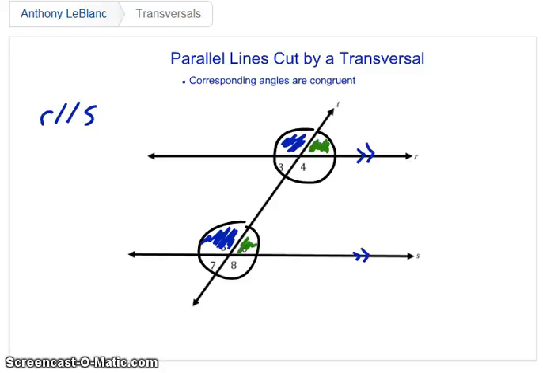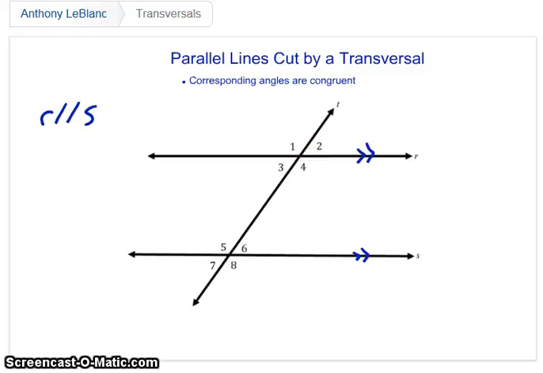Along with that, we know 2 and 6 are congruent, 8 and 4 are congruent, and 7 and 3 are also congruent. If you notice, our greens are both top right, our reds are both bottom right, and our blacks are both bottom left. So corresponding angles are congruent. They're both in the same area of our circles.